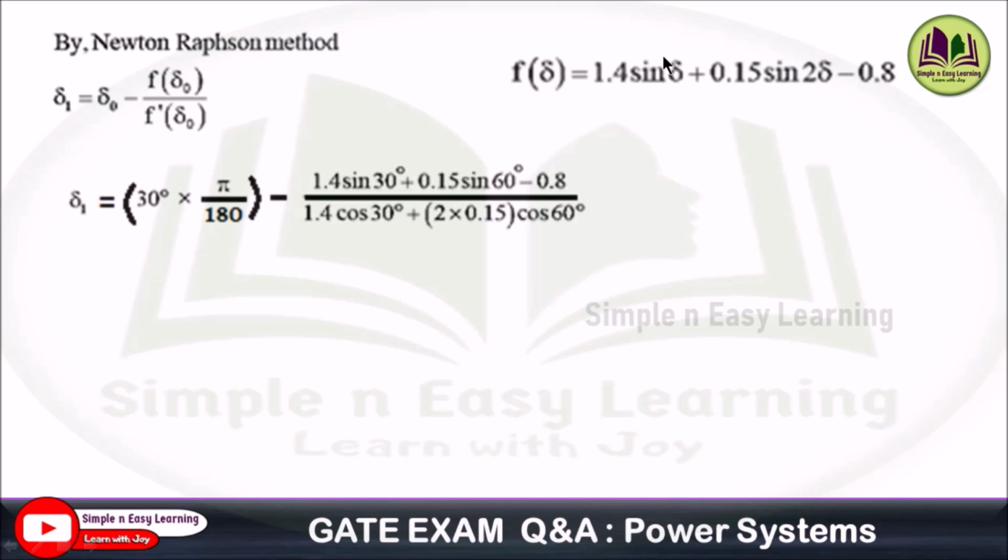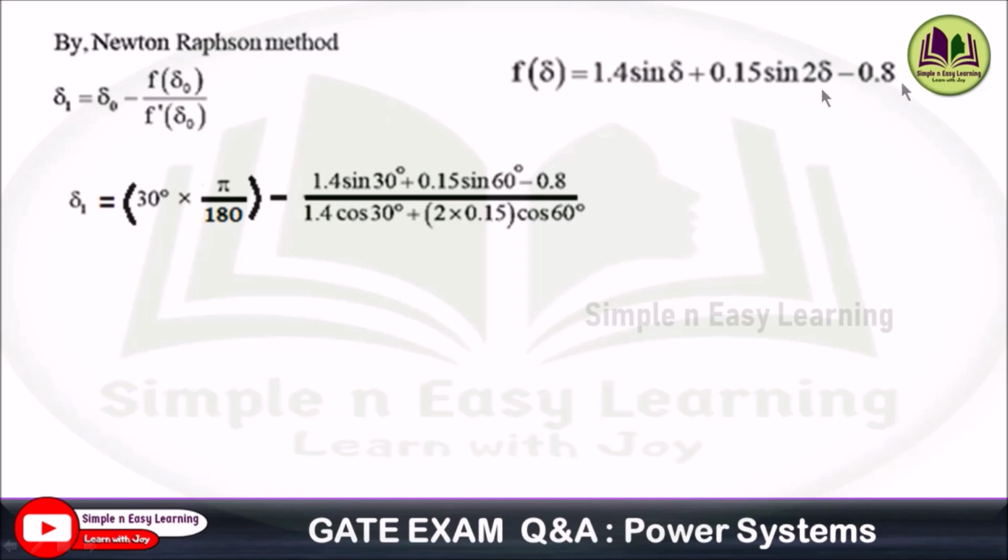Substituting that equation over here and substituting the value of del naught as 30 degrees, which is given in the problem, and converting the degrees into radians by multiplying 30 degrees by pi divided by 180, minus the function of del naught: 1.4 into sin 30 degrees, 0.15 sin 2 into 30 degrees, which is 60 degrees, minus 0.8, divided by the derivative f dash of del naught.